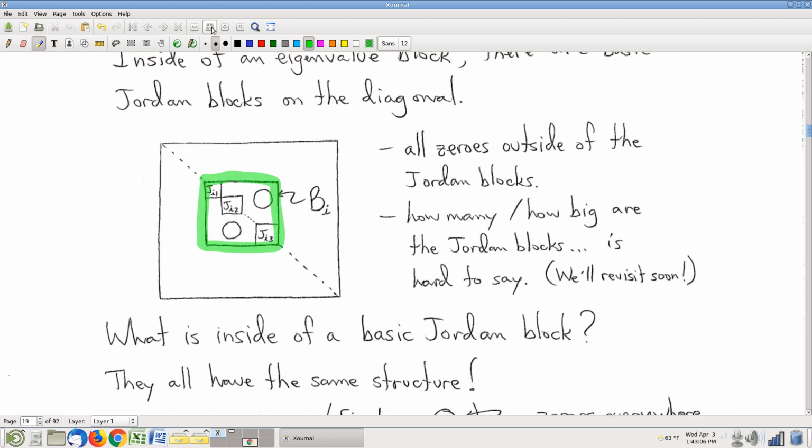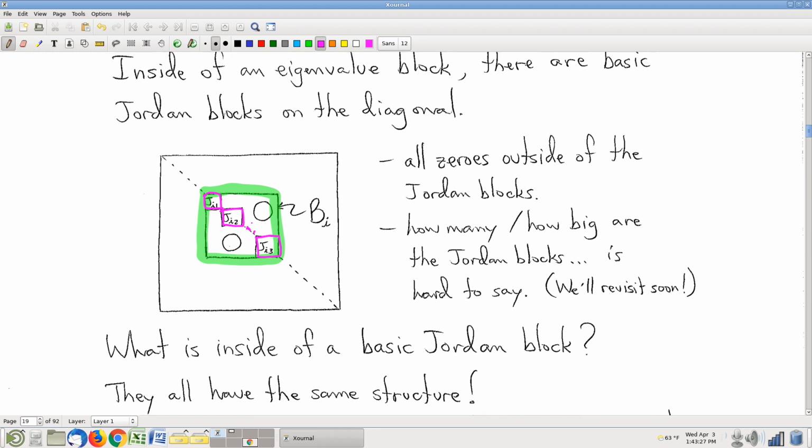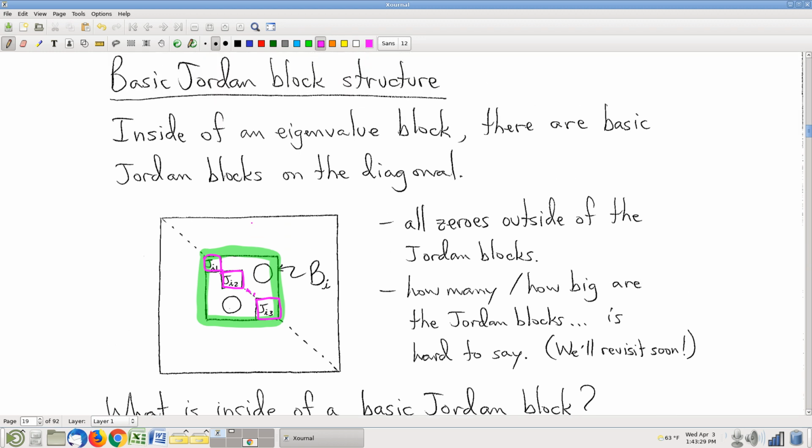Zoom in a little bit. Inside of that eigenvalue block are more little blocks, also on the diagonal, in the sense that their appropriate corners are literally exactly on the diagonal. These little blocks inside of the eigenvalue blocks are called basic Jordan blocks.